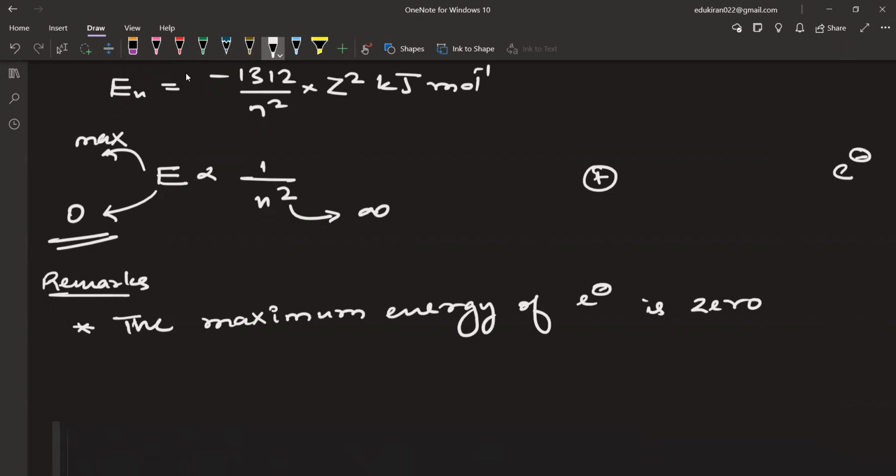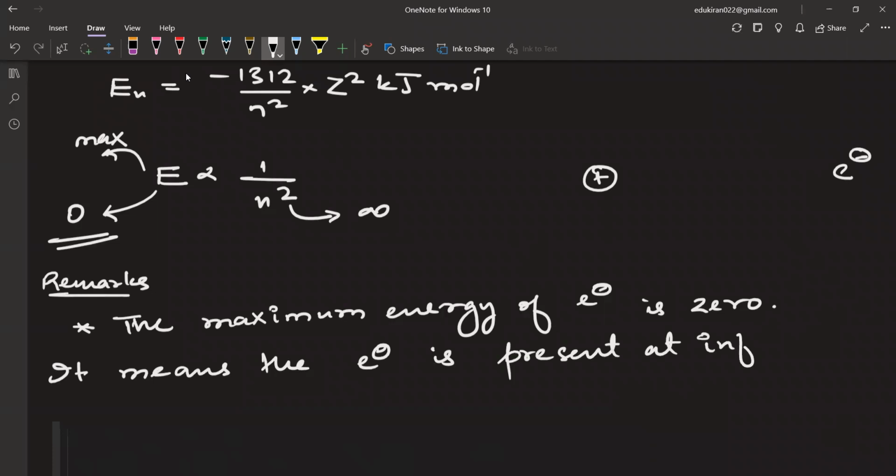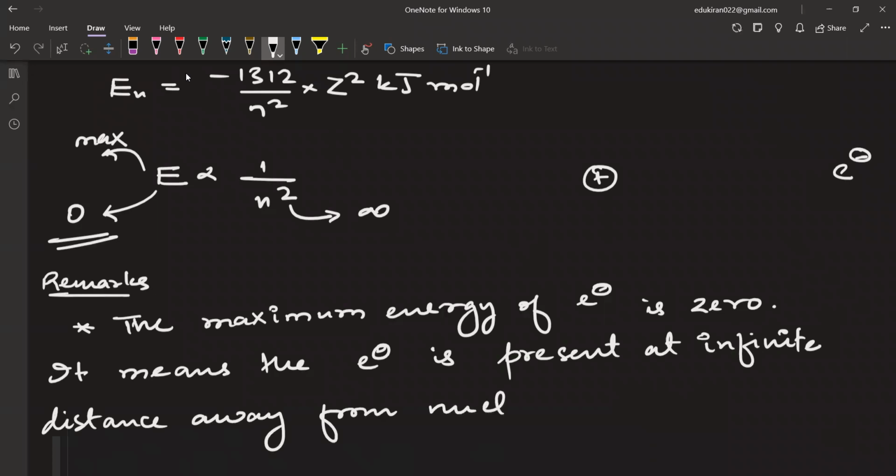It means the electron is present at infinite distance away from nucleus.